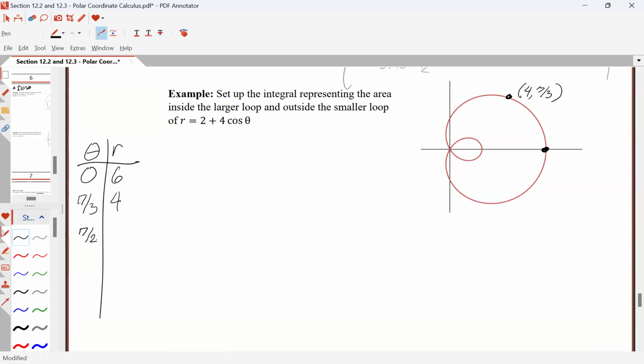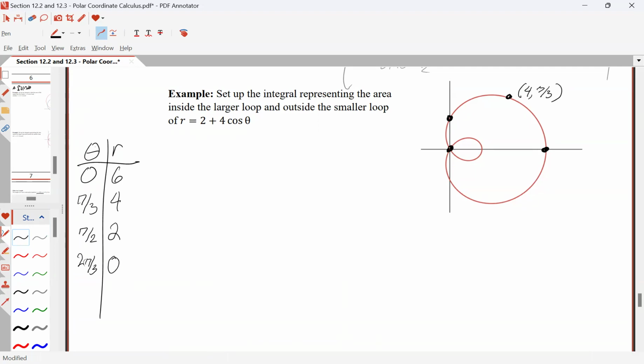At pi over 2, we'd have a radius of 2. And at 2 pi over 3, cosine will be negative 1/2. 2 plus 4 times negative 1/2 would be 0.